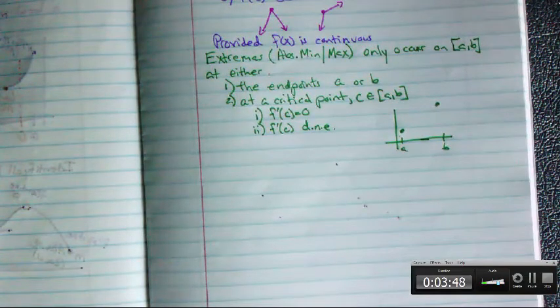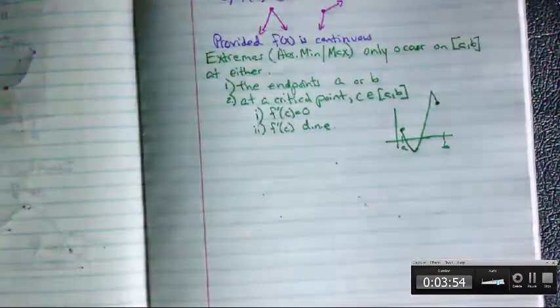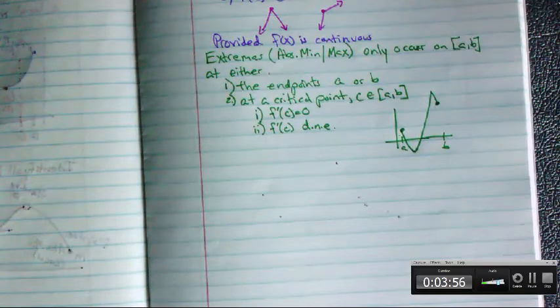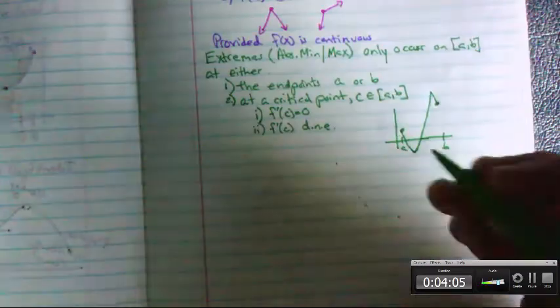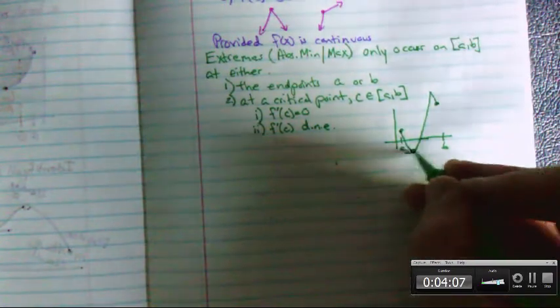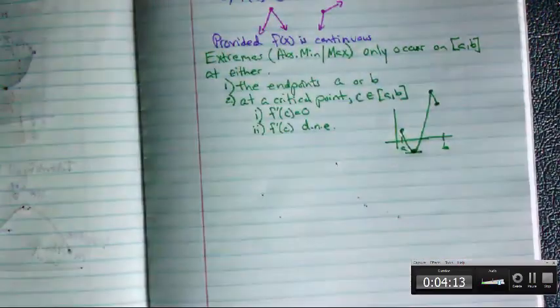continuous curve in between there, as long as it's continuous, so if we were to draw something like this, that's a continuous curve on that interval A to B. Then, in this example that I have drawn, the endpoints are not the highest values. The lowest value occurs down here where the derivative would be equal to 0, and the highest value would occur at the top where the derivative does not exist.